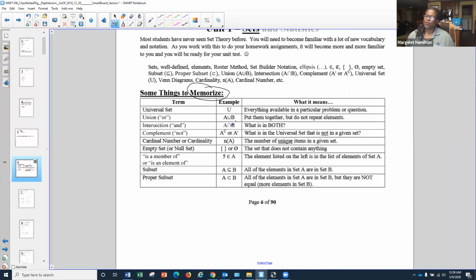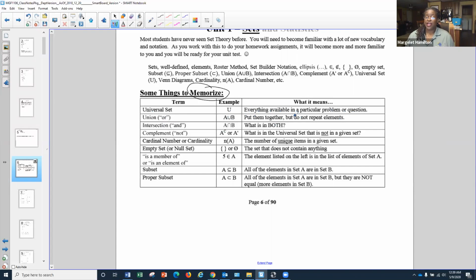I call it a scoop and dip, okay? So U representing union. Here they're saying A union B. In other words, union means to put it together, all right? But do not repeat the elements. So if something is repeated twice, so it's in both sets, you only have to write it one time. So we're just going to put things together.